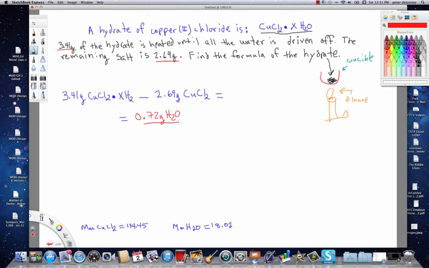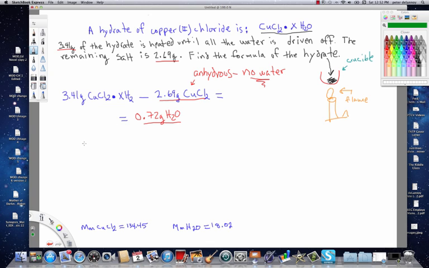So now we know how much water was part of the overall mass of the hydrate, and we know how much mass of the anhydrous salt. I used a word there, anhydrous. It simply means no water.